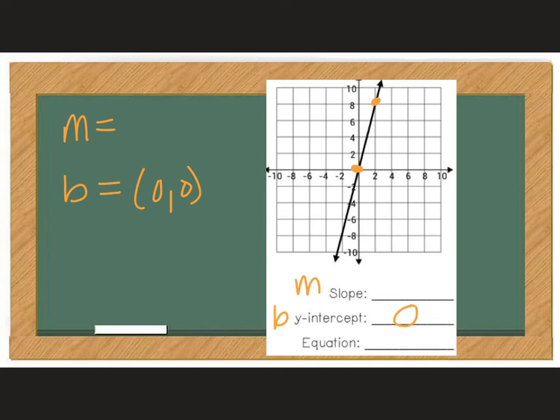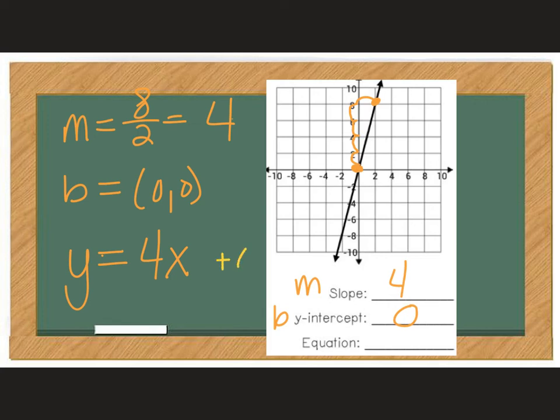It actually goes by 2s. So my rise is 2, 4, 6, 8, while my run is 2. So when I simplify, I end up with 4, and it is positive. So I have a +4 as my slope. My equation is y equals 4x. Remember that +0 is kind of there, but not really. We do not need to write it. So it's really just y equals 4x.